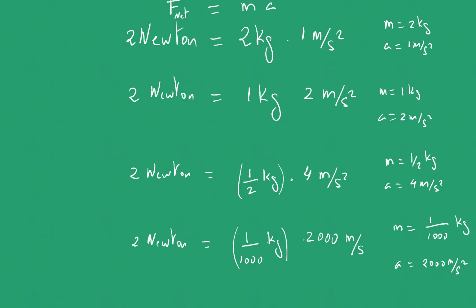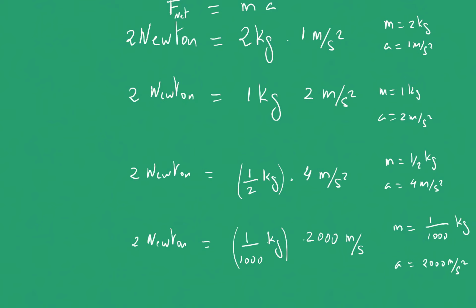But also the 2 newtons can be seen as the force acting on an object of 1 divided by 1,000 kilograms, a small mass, this is 1 gram. And now this force will produce an acceleration of 2,000 meters per second squared.